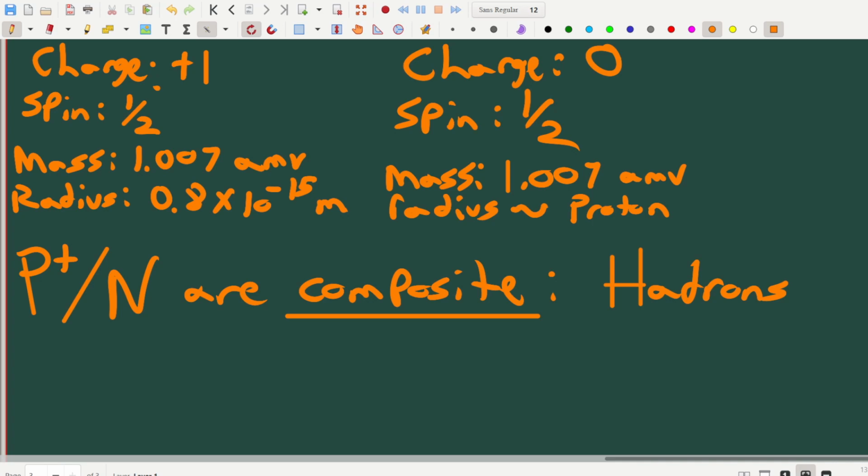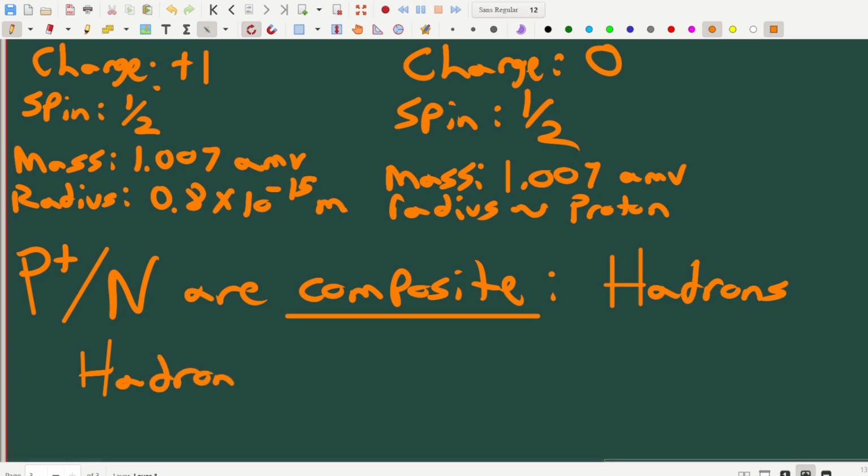But what you find is that at the fundamental level, protons and neutrons are made out of a combination of 3 particles, all connected by gluons. And the hadron is made up of a set of particles called quarks.